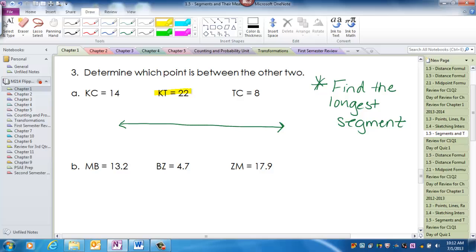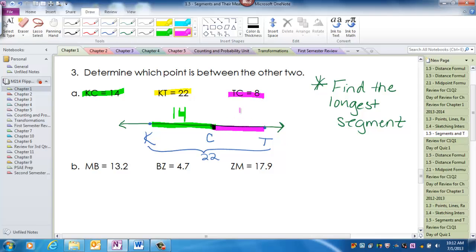That is 22 units long, which means then that from point K to point T, that's the longest segment in this picture. That's 22. Which then tells us that the only letter left to go in between would have to be then point C. And you can tell then that it fits, so KC, that's 14, and TC, that's 8. So the point that's between the other two is C.